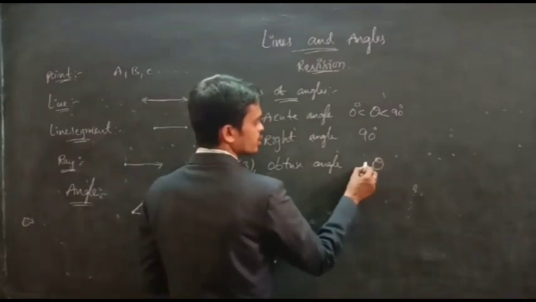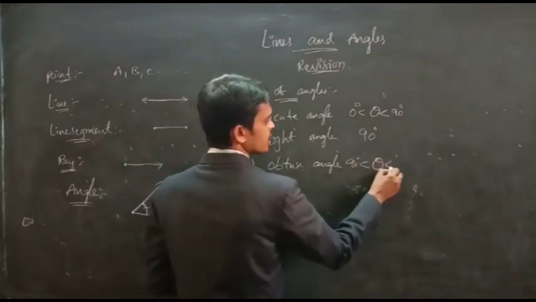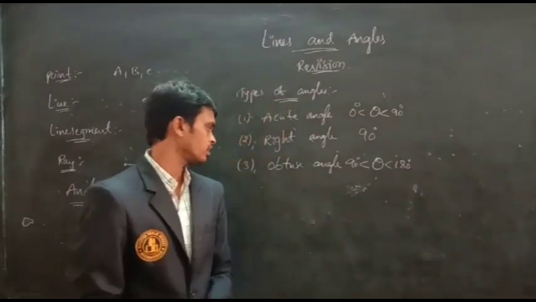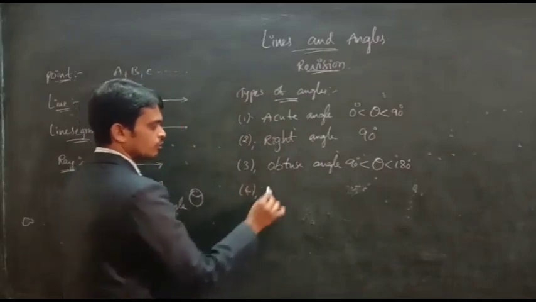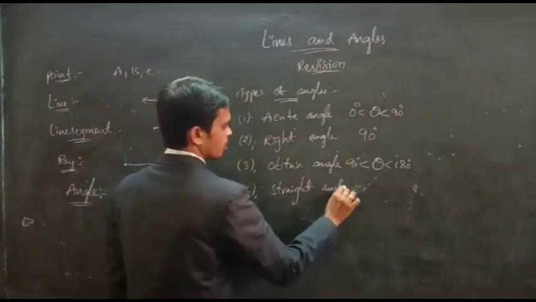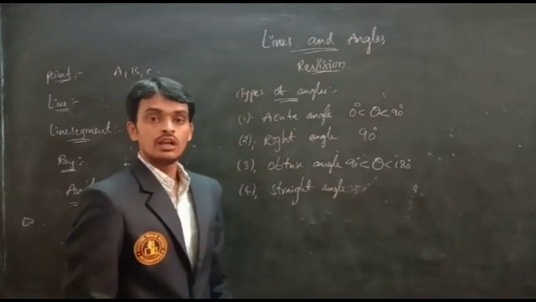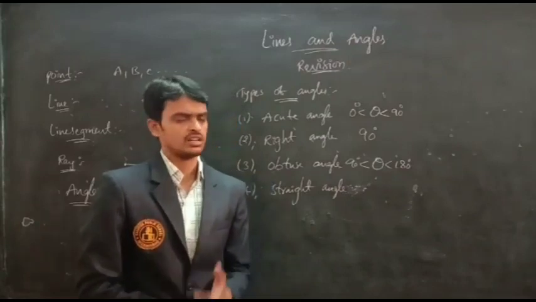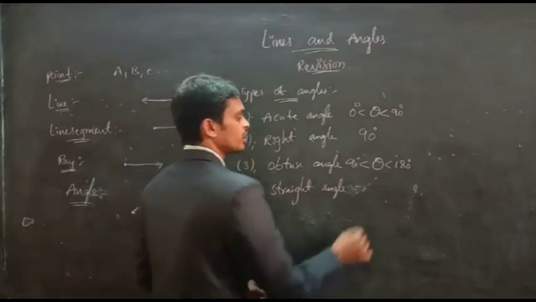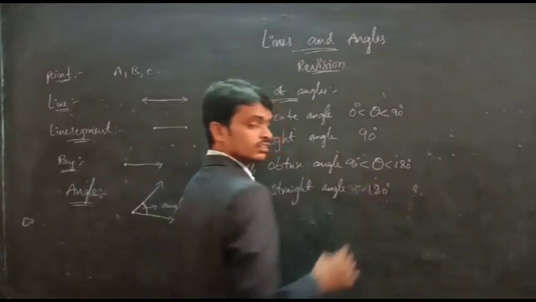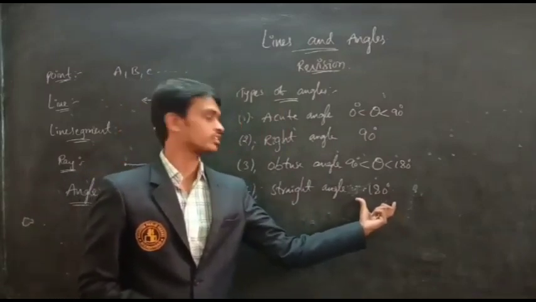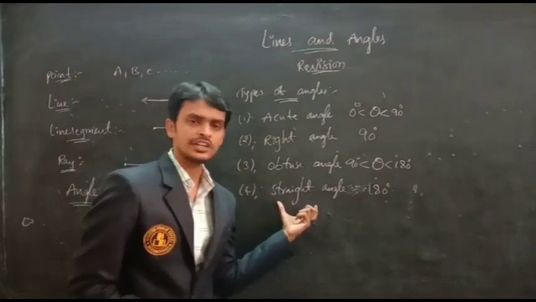Fourth one, straight angle. If an angle measures exactly 180 degrees, then the angle is said to be a straight angle.